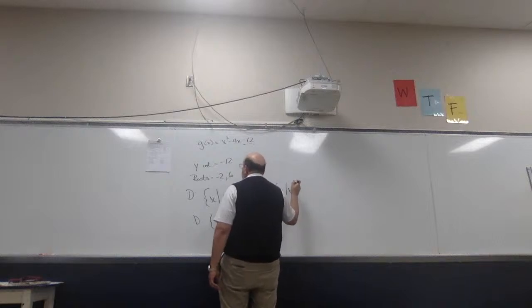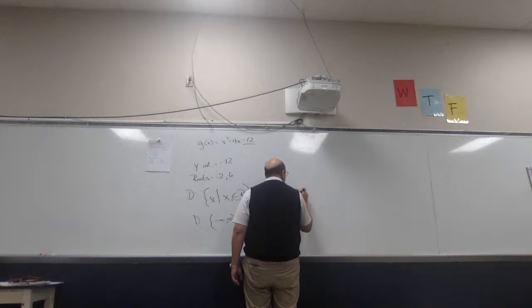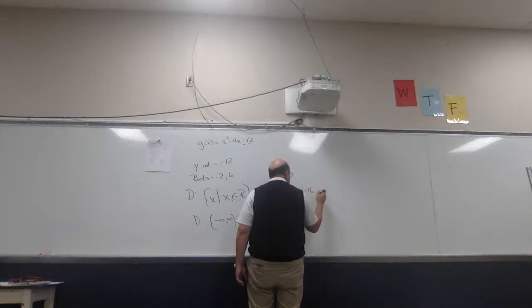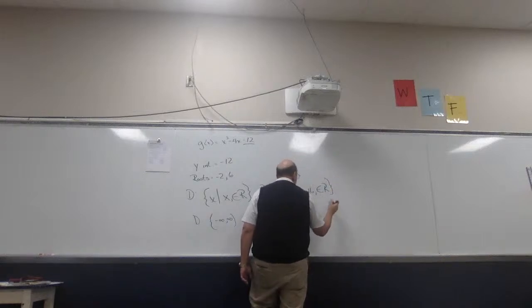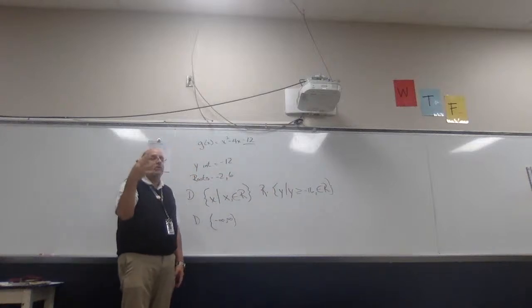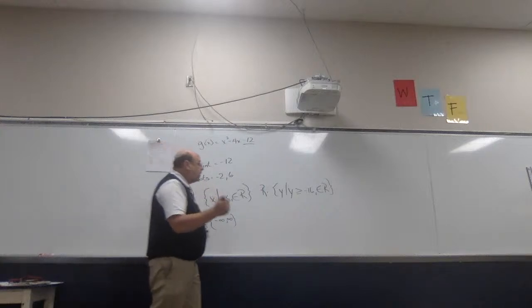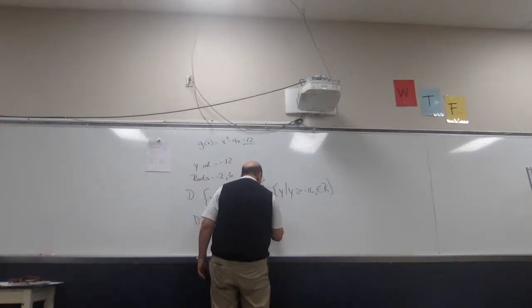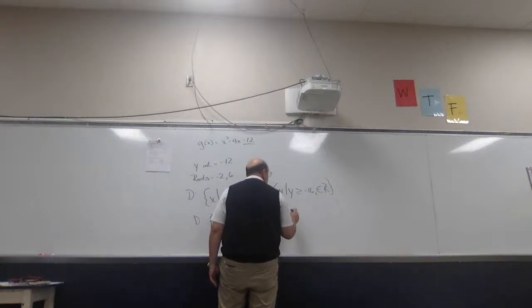Y is greater than or equal to negative 16, and it's an element of the real numbers. If I wrote them in set builder notation, we can do it in set builder notation for the first couple of tests or quizzes, then we'll just move on to interval notation.